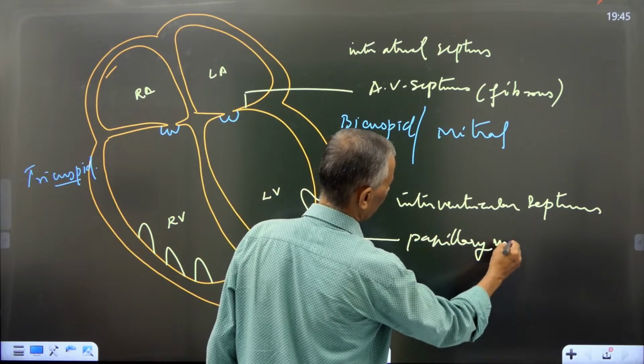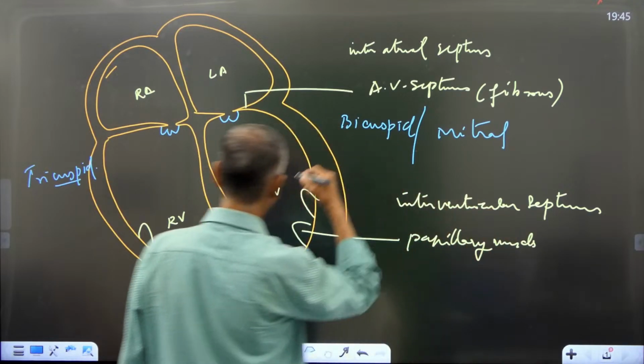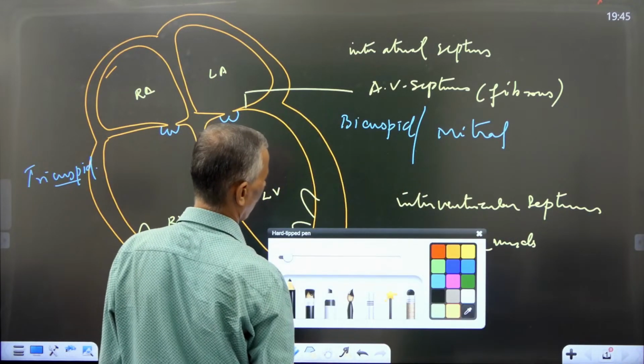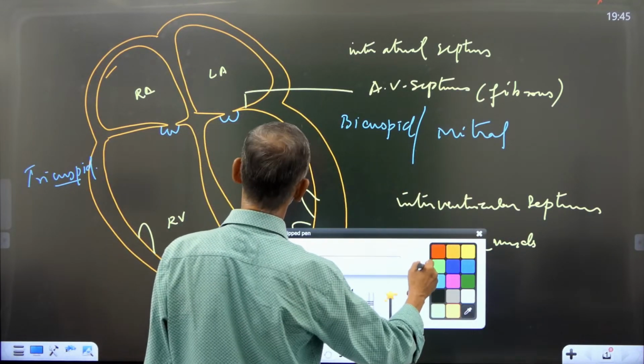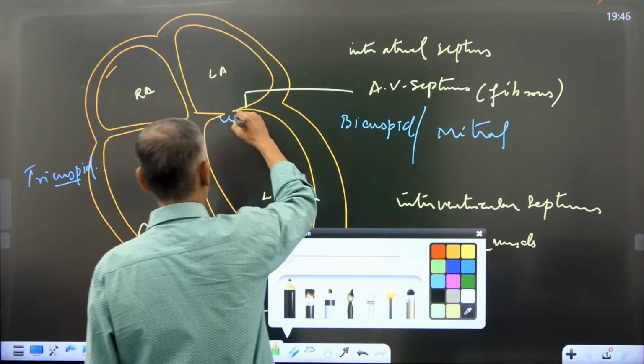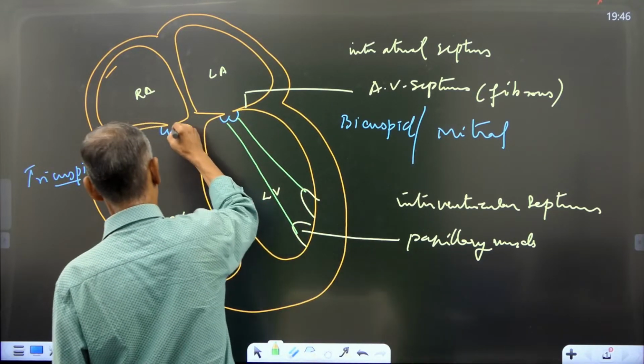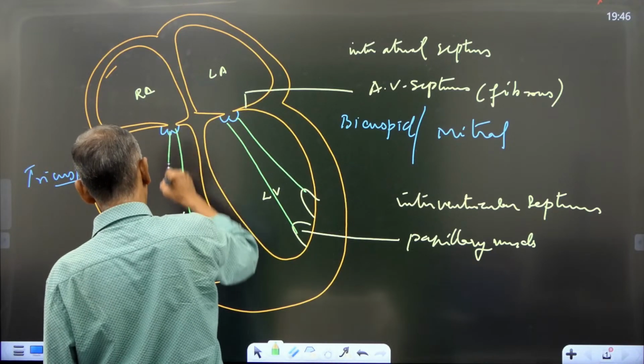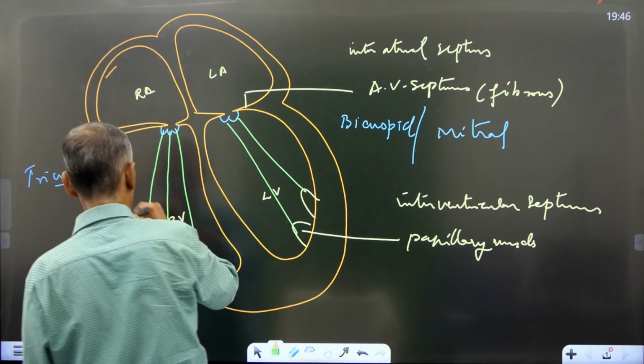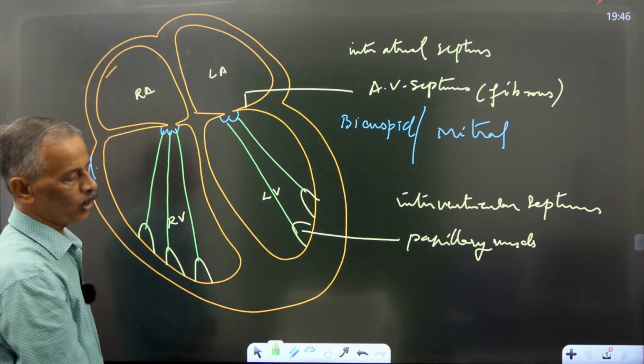These papillary muscles are connected to the flaps of these valves by means of certain strong cord-like muscle tendons.